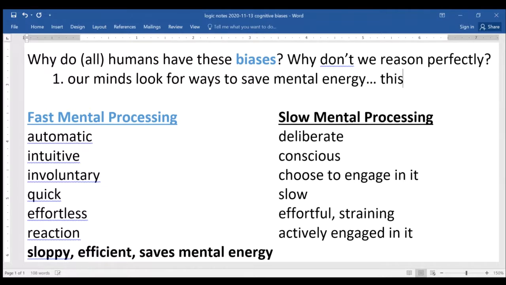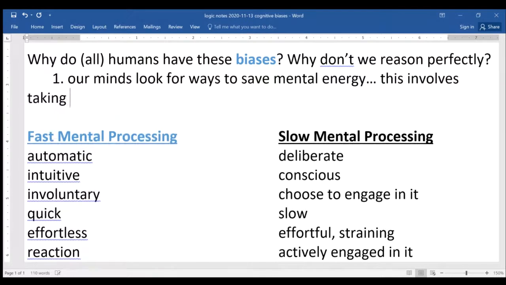And so this involves taking shortcuts. A mental shortcut is what people refer to as a heuristic. I'm not sure if you've heard the word mental shortcut, heard the word heuristic before, but basically a heuristic is a mental shortcut.